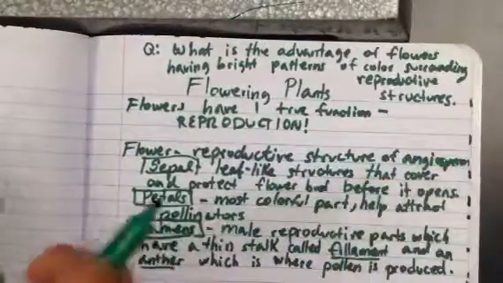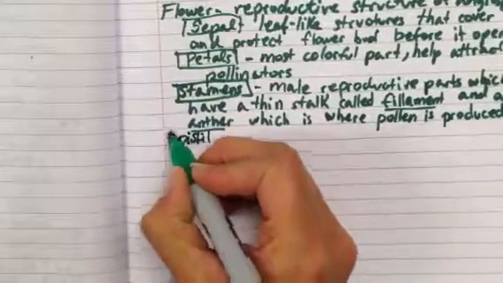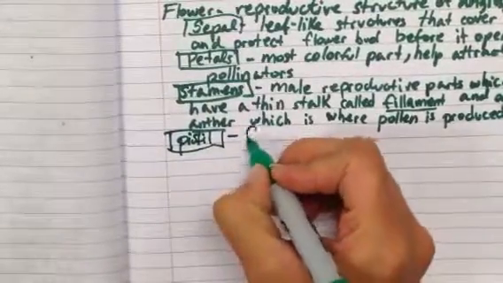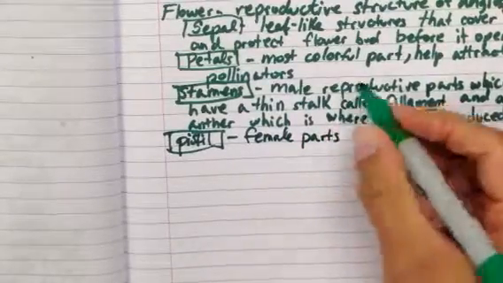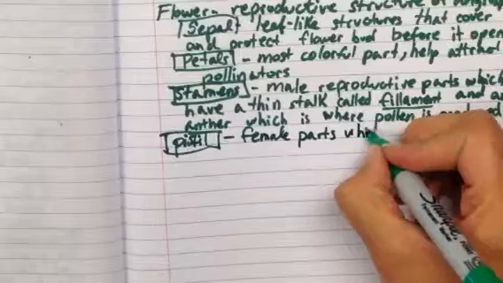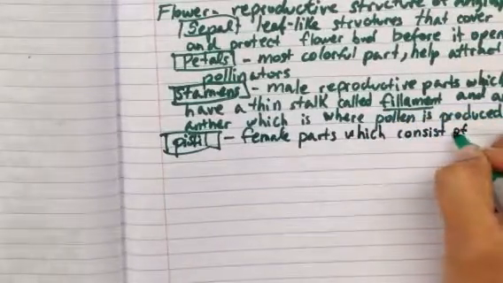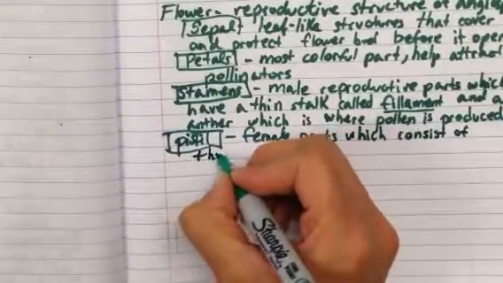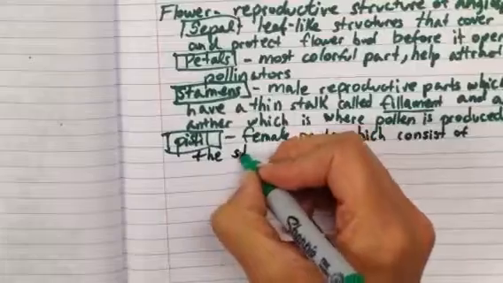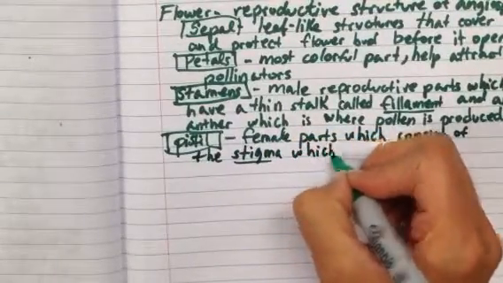Next, we have the pistil. The pistil, as you guessed it, is the female part. Female parts, which consist of the stigma, which is the top sticky part.